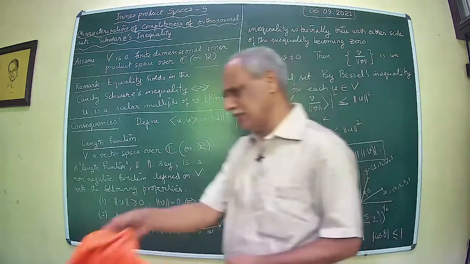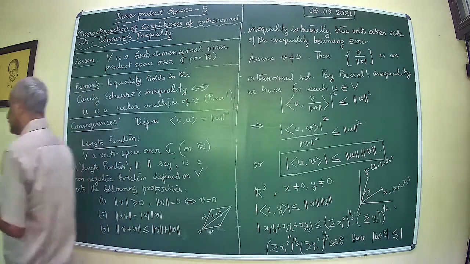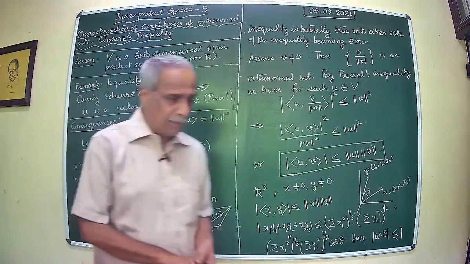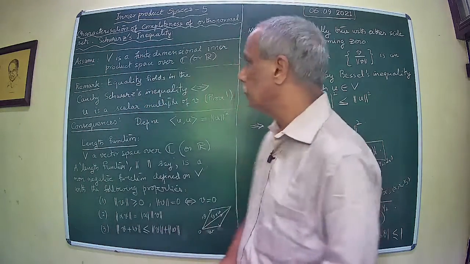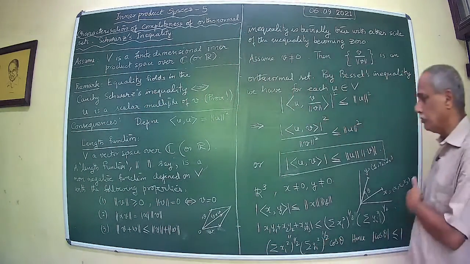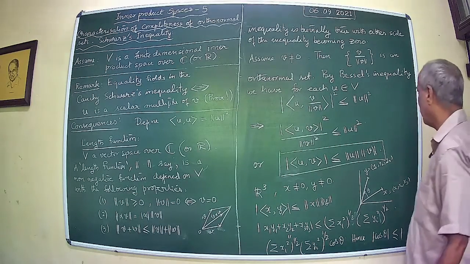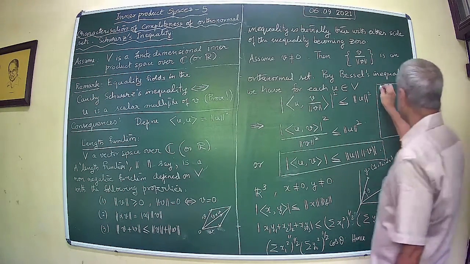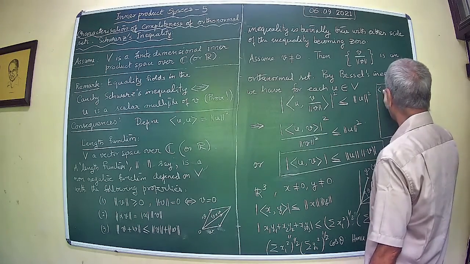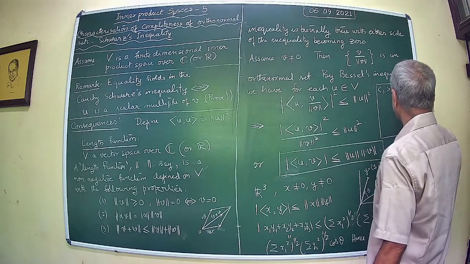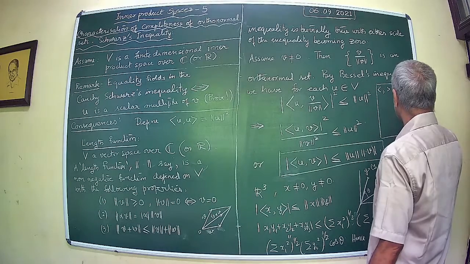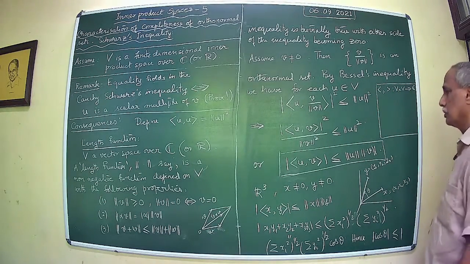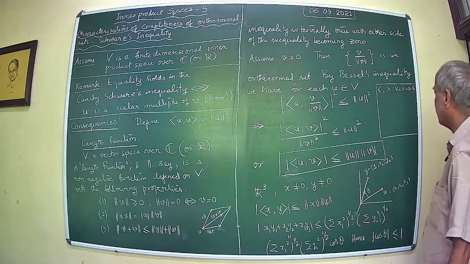I think we have done it for the inner product. Inner product is a map from V cross V to C, and we said a few things about it.